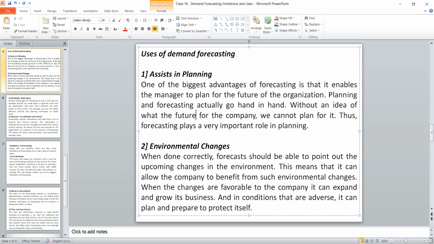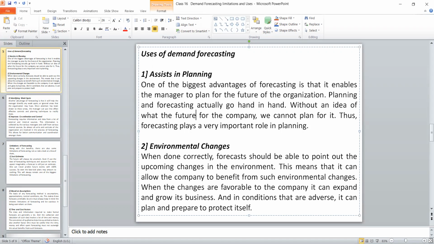The second one is, when done correctly, the forecast will be able to point out the upcoming changes in the environment. Because once you start thinking about the future, what changes may happen, you will definitely analyze, and we can avoid risk. The uncertain situation will become certain. This means that it can allow the company to benefit from such environmental changes.